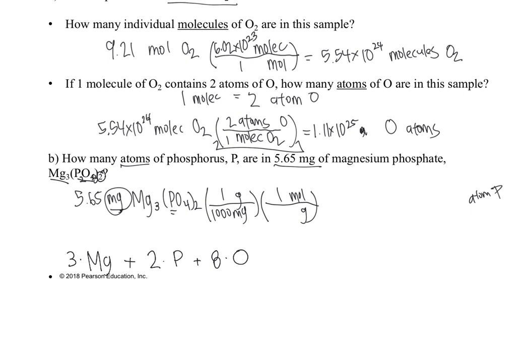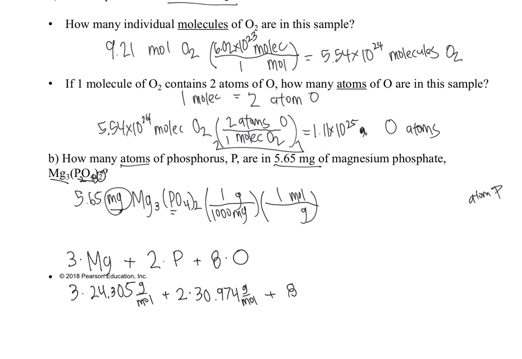So if we look at the molar masses, 3 times magnesium is 24.305 grams per mole, plus 2 times phosphorus's mass is 30.974 grams per mole.